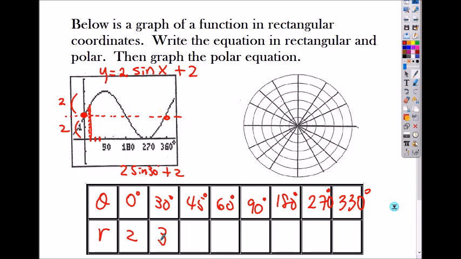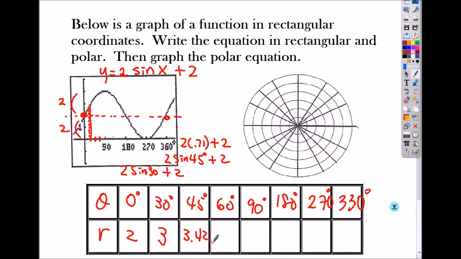What about 45? What's sine of 45? Root 2 over 2, which is about 0.71. You should already know that. So this is 2 times 0.71, which is root 2 over 2, plus 2 equals 1.42 plus 2, which is 3.42.